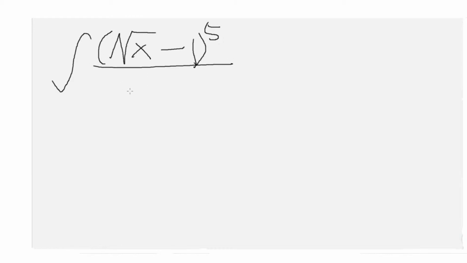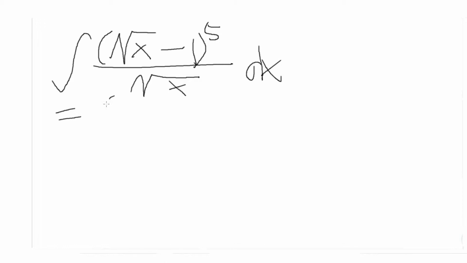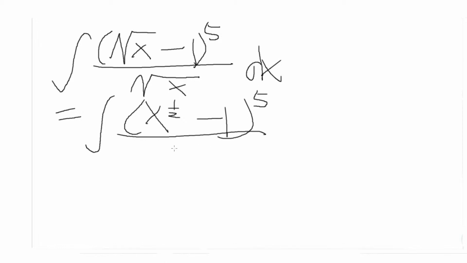So in this case, we have the integral of (radical x minus 1) raised to 5 over radical x dx. Alright, this function looks difficult to integrate in the beginning, but if you change the radicals into fractions, this actually equals (x raised to 1/2 minus 1) raised to 5 over x raised to 1/2 dx.